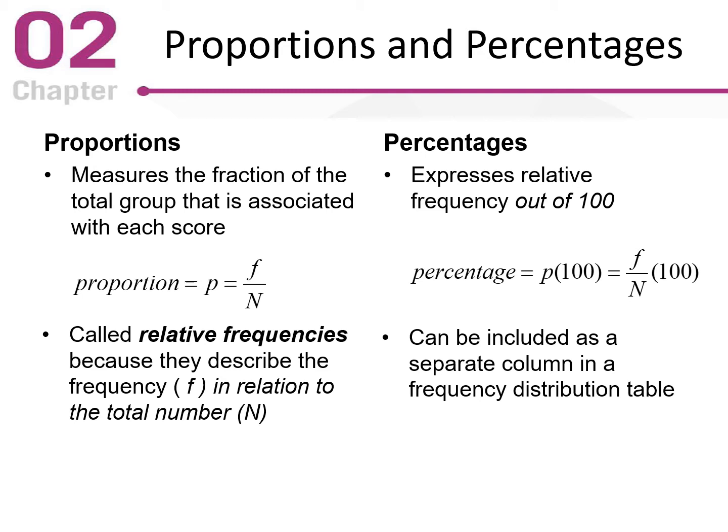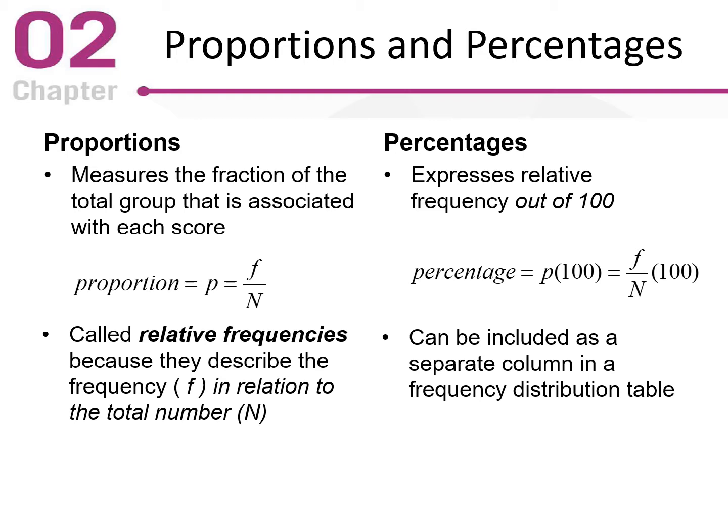We can also convert our frequencies into proportions, which are known as relative frequencies. All we do is take the frequency for each category, for each value if you have a single value table, and values if you have intervals in your table, what's called a grouped frequency distribution. You take those frequencies and divide by n, the total sample size, and that gives you a proportion, which we're calling small p.